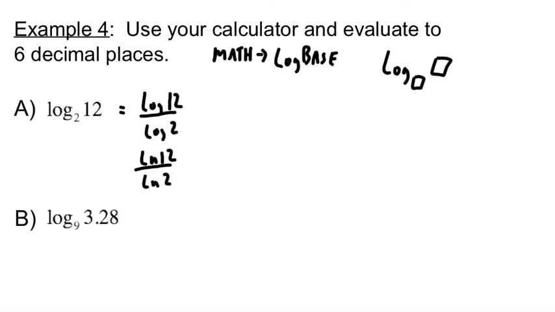So going out 6 decimal places, I've got log 12 divided by log 2, and I'm getting 3.58496, and then there's a 2 and then a 5.